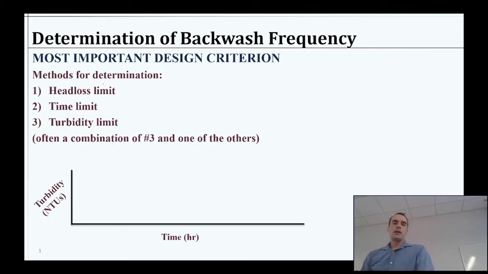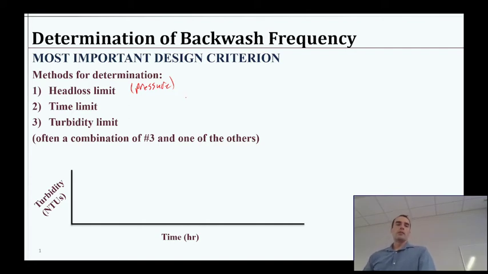One would be head loss. That's pressure. We often call it hydraulic head if we're talking about water in a pipe or some hydraulic system where we have some height of water pushing downwards, giving us a pressure.